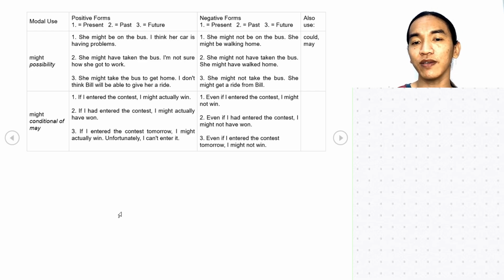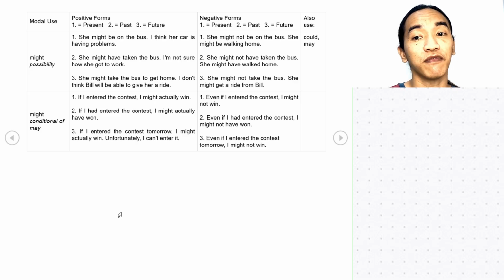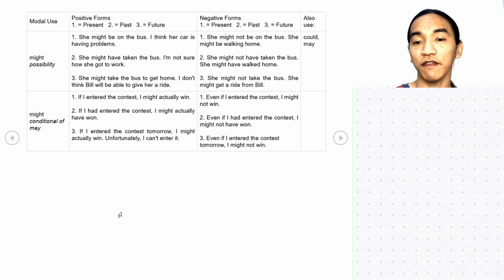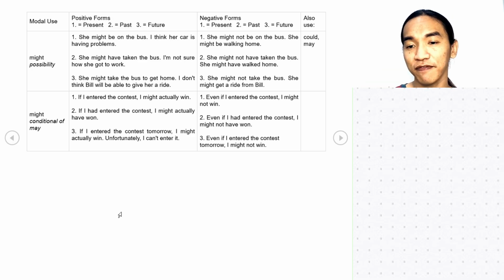Next, we use might for conditional of may. So instead of may, we use might. Present: if I entered the contest, I might actually win. Past: if I had entered the contest, I might actually have won. Future: if I entered the contest tomorrow, I might actually win. Unfortunately, I can't enter it.